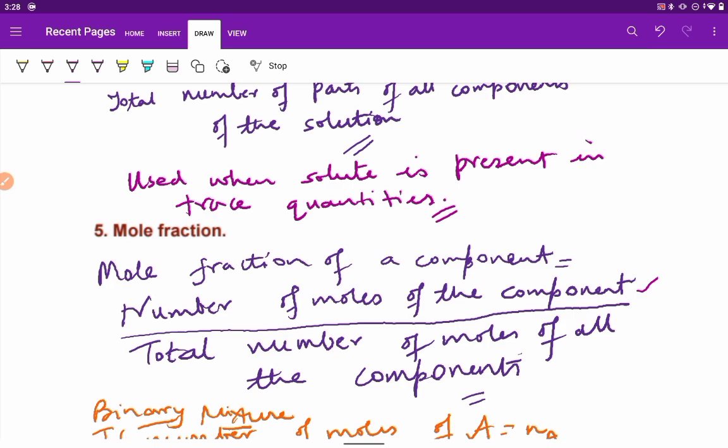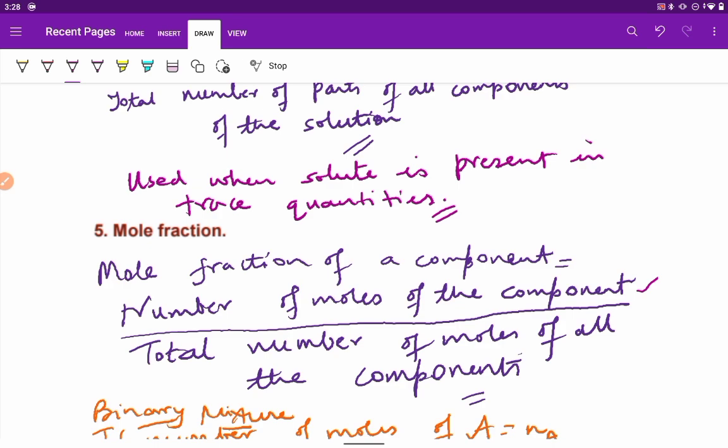First we need to find out the total number of moles. If the mass is given, we need to convert it into moles. So number of moles of the component divided by total number of moles of all the components.